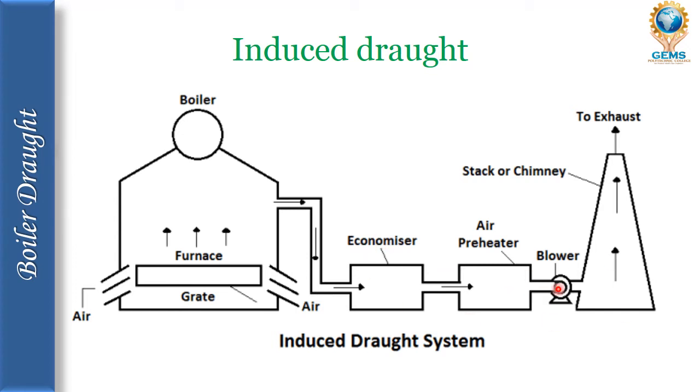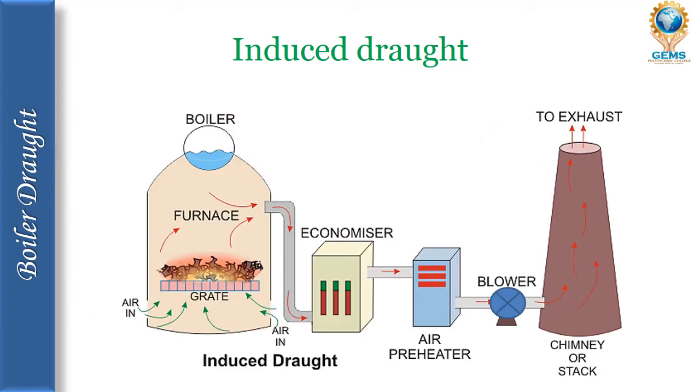And one more thing: when the hot gas comes to the economizer and air preheater, we can use it for other applications, and even though the exhaust gas temperature is reduced, no problem, it can easily go to the exhaust. In a natural draft system, only if the gas reaches higher temperature and higher pressure will it go through the chimney. But in the induced draft system, we are using this blower before the chimney.